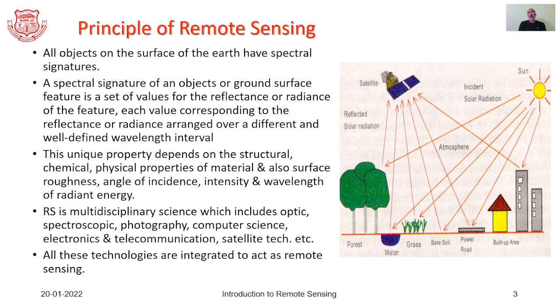Each object has a unique structure, it has a unique capability to receive the energy. The energy being received will be transmitted, reflected, or absorbed, and this is the unique property of that particular object, which is the spectral signature of that feature.